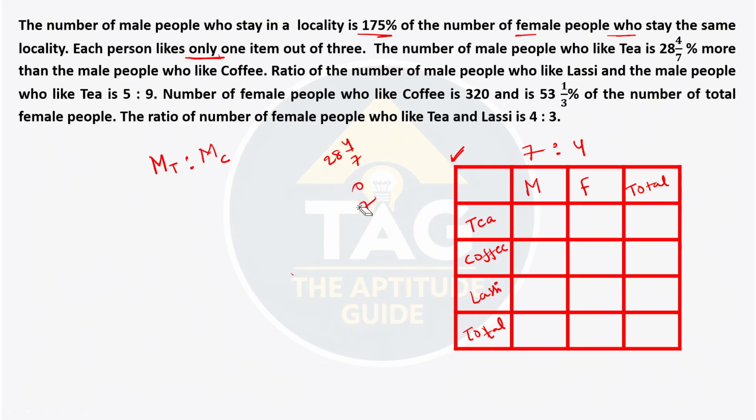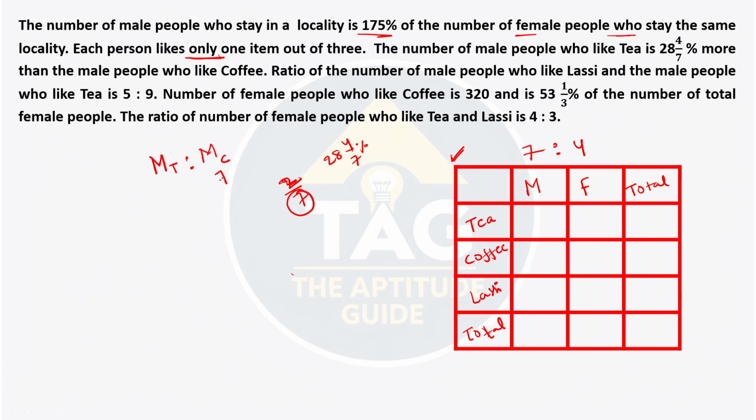As a percentage value, it is known as 28 4 by 7 percentage. 28 4 by 7 percentage is 2 by 7. Fraction value of this is 2 by 7. In a fraction value, every time the base is 100 percentage, as tea is 2 by 7 more than coffee.